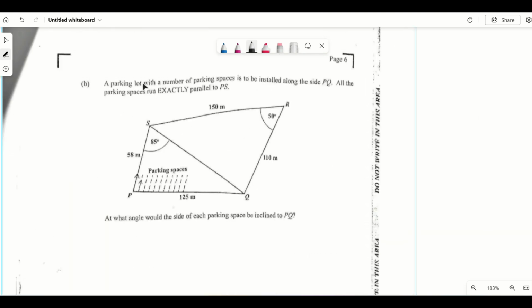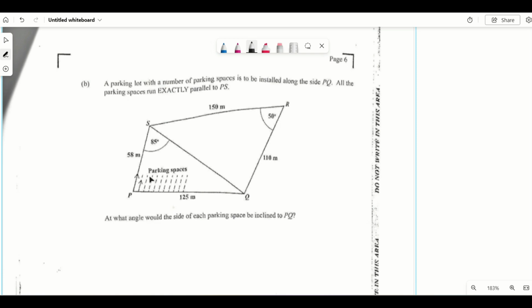Now let's look at this. A parking lot with a number of parking spaces is to be installed. Do you see these parking spaces here? To be installed alongside QP. All the parking spaces run exactly parallel to PS, so they are parallel, so they have the same angles.